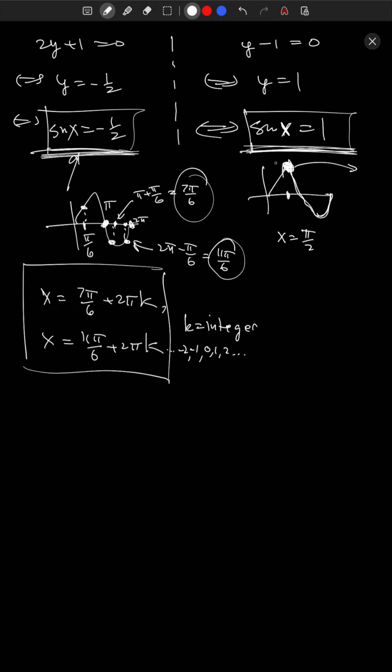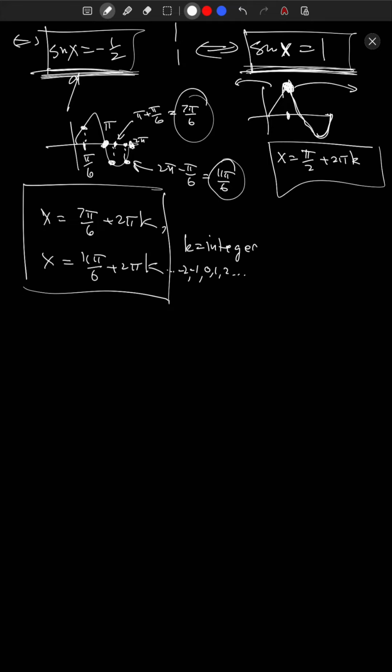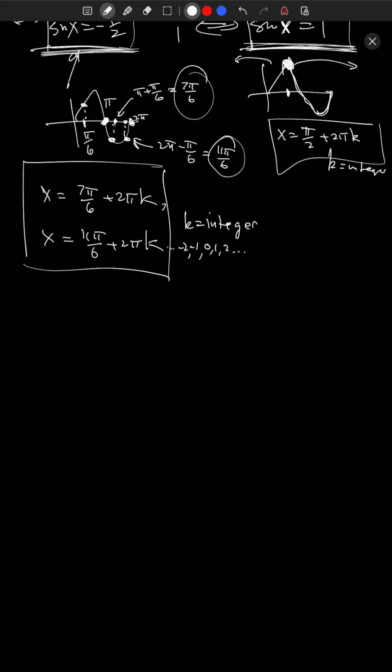And so every 2 pi, we're going to get other solutions. So x equals pi over 2 plus 2 pi k. Okay, so all together, again, k equals integers. All together, we're going to have three sets of solutions. This set right here, this set right there, and that set right there.